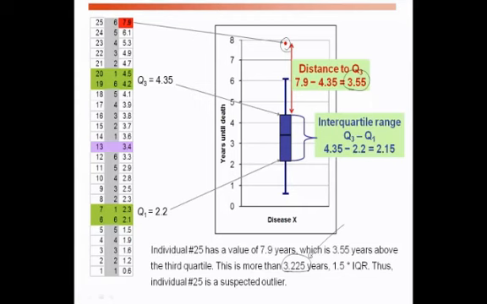When a point is greater than 1.5 times the interquartile range, we say that that point is a probable outlier. It's again just a rule of thumb. Fortunately, if you were to take this data set and put it into JMP, it will automatically show you that. Okay, so I don't want you to worry too much about it, other than to know that it's a rule of thumb that we use.